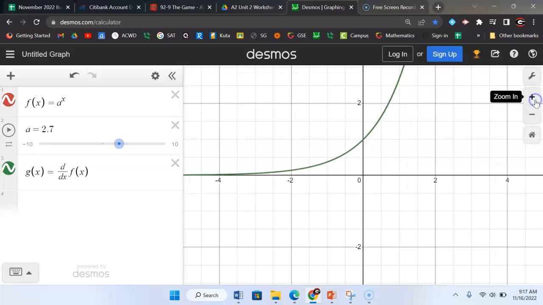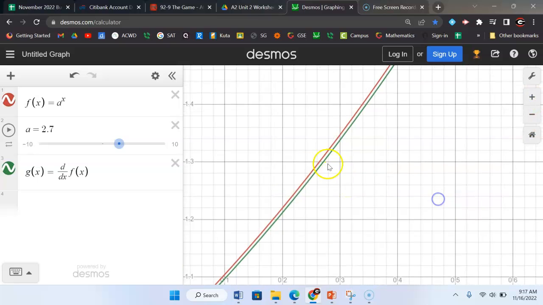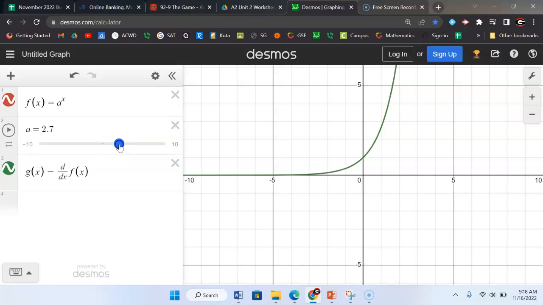If you zoom in, there's still a very small gap there. We're not going to get it to exactly 2.718, just for time's sake, but there is a small gap there. If I could make this exactly 2.718 or very close to it, that would be even closer still. As you go past 2.7, notice that the gap begins to open back up.